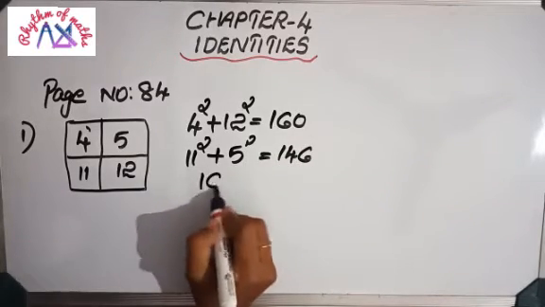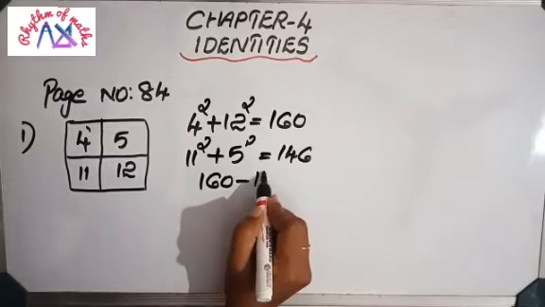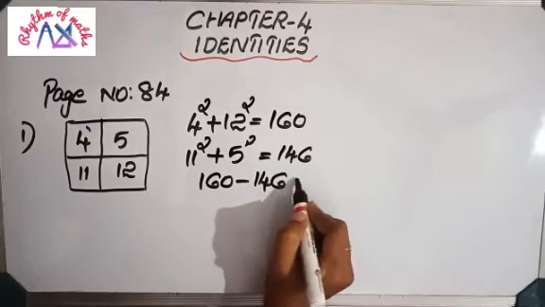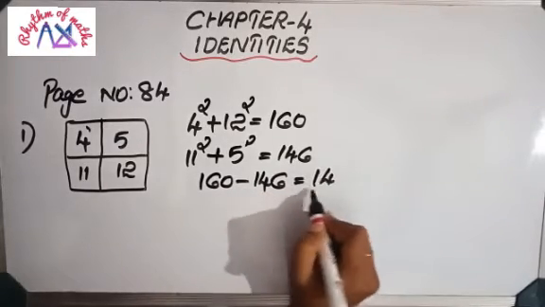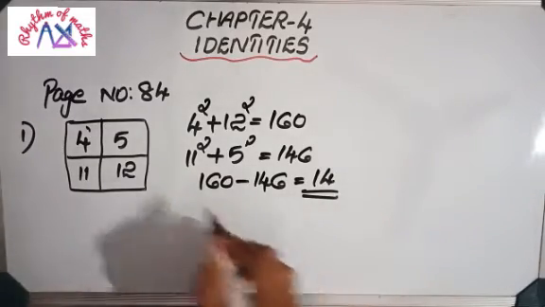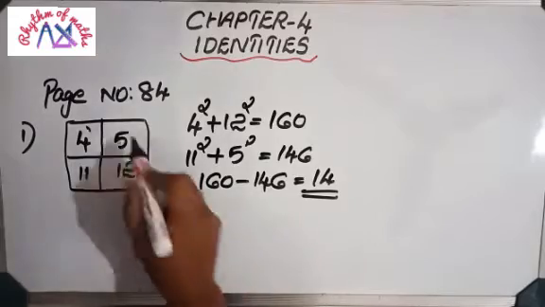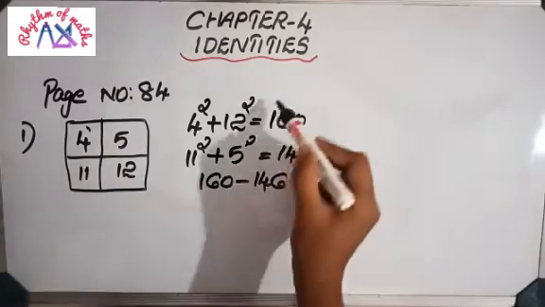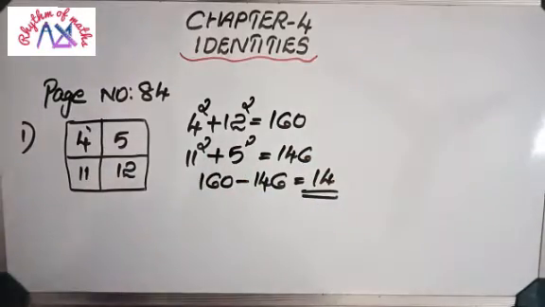Then the difference is 160 minus 146, that is 14. Up to this is already given in the question: the sum of the squares of diagonal numbers, then its difference.